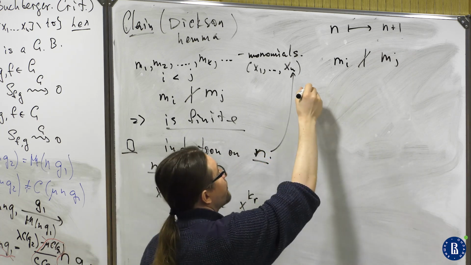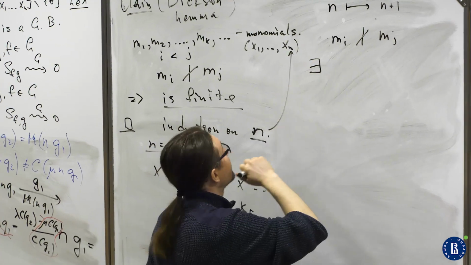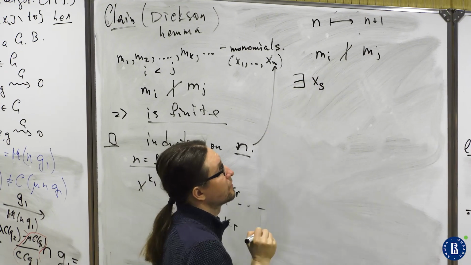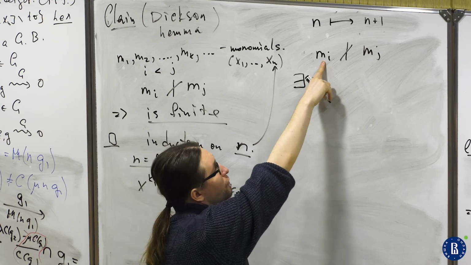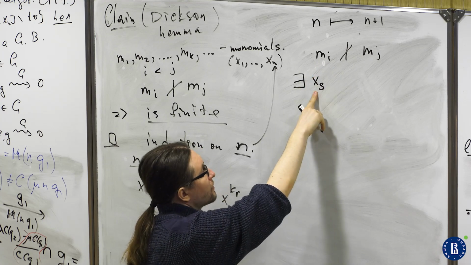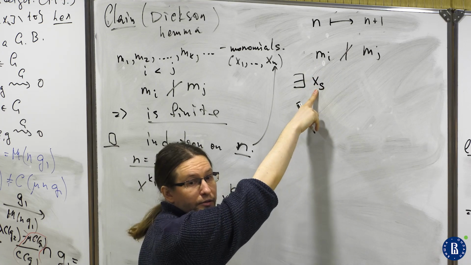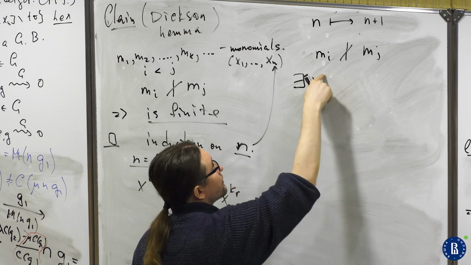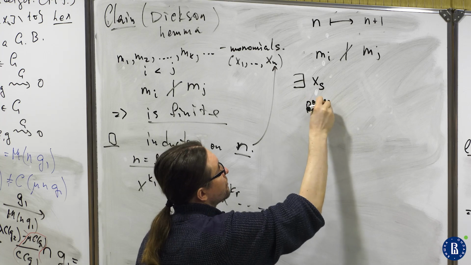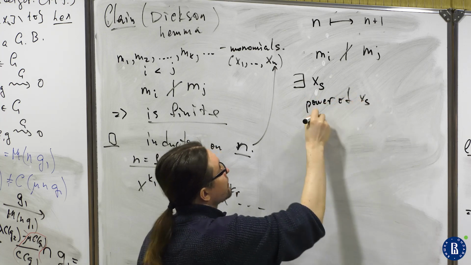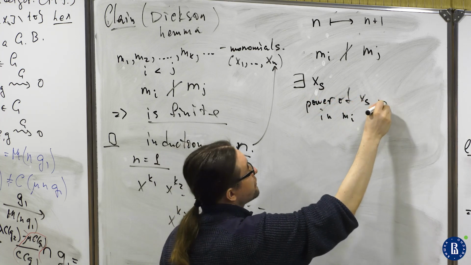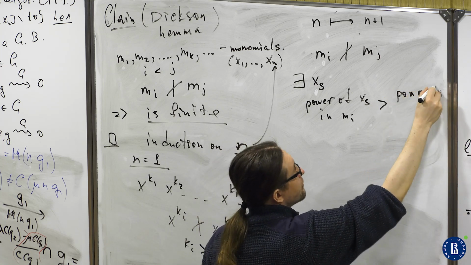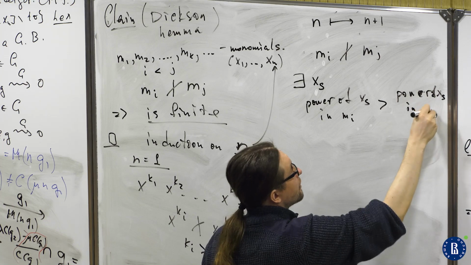It means that there is a variable, let's say xs, such that the power of xs in m_i is greater than the power of xs in m_j.